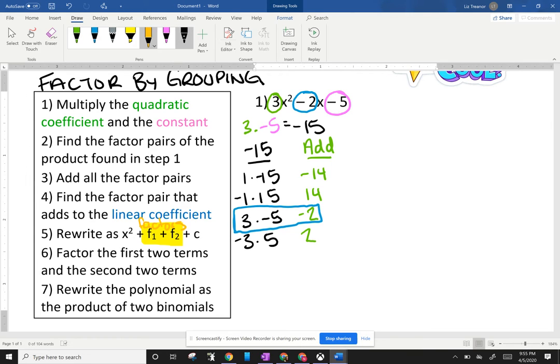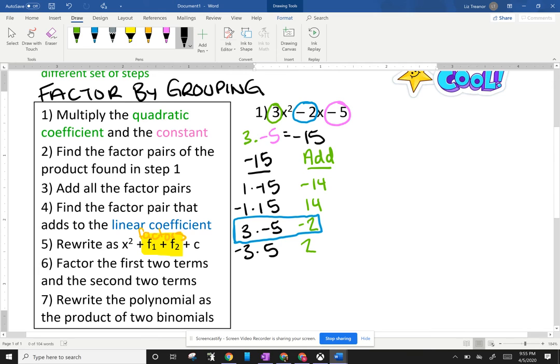Okay, so to show you an example of what I mean by this, we're going to keep 3x squared and -5 as from the problem initially. So the 3x squared and the -5 didn't change at all. The only thing that's going to change is the -2x.